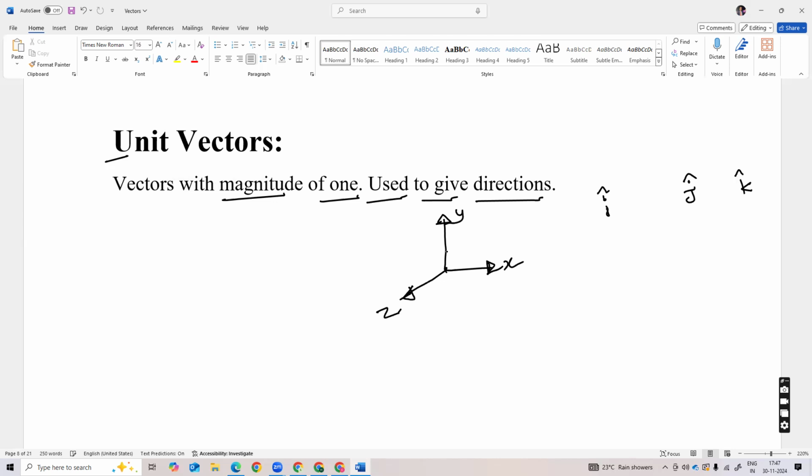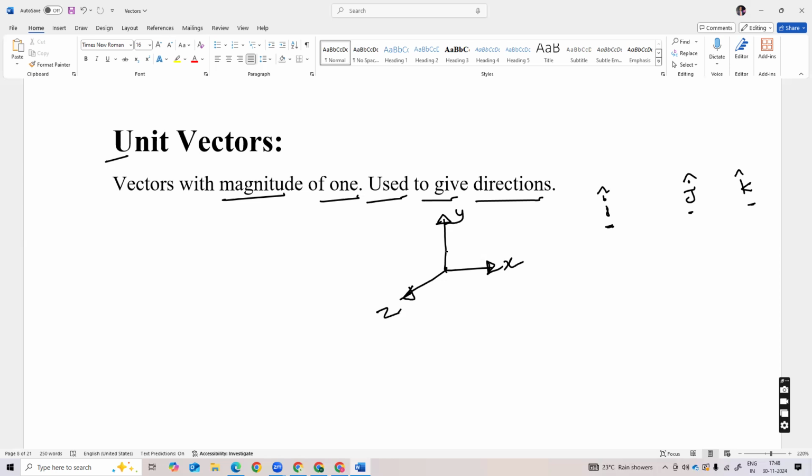These unit vectors have a cap over them, and generally i is used to represent the x-axis, j is generally used to represent the y-axis, and k is generally used to represent the z-axis.